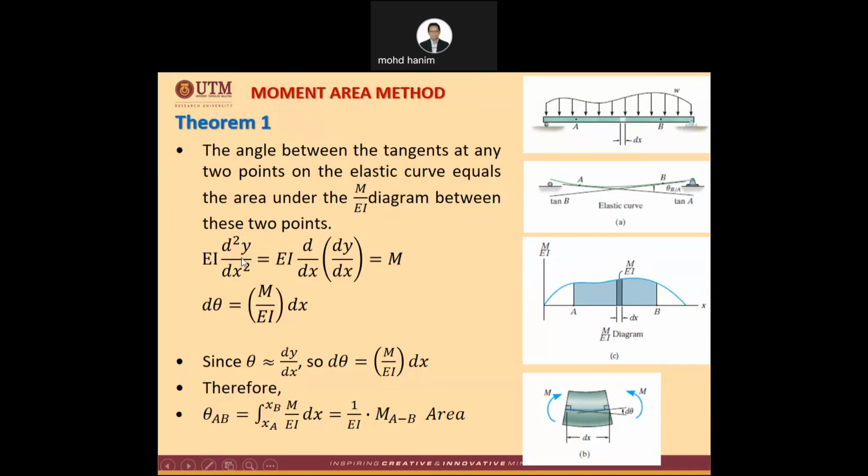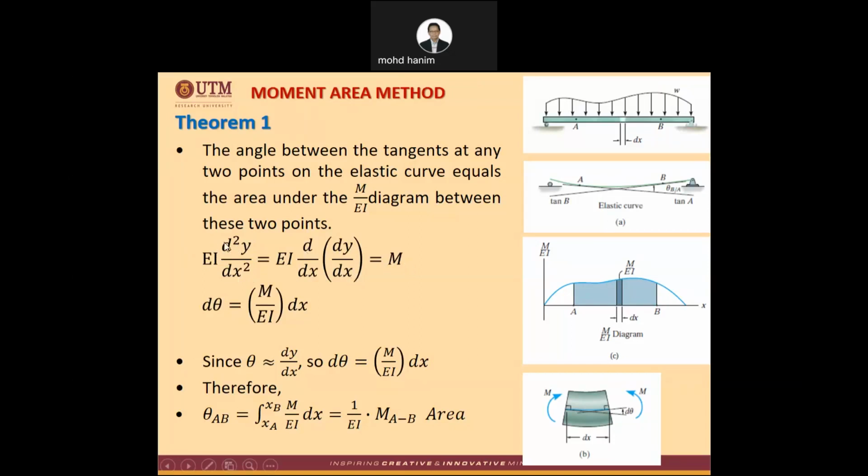So EI d squared y over dx squared is the moment. The same thing that we have done in the last lecture on deflection of beam, and also on stress distribution, bending stress. This is the same theorem, the same formula: moment equal to EI d squared y over dx squared.